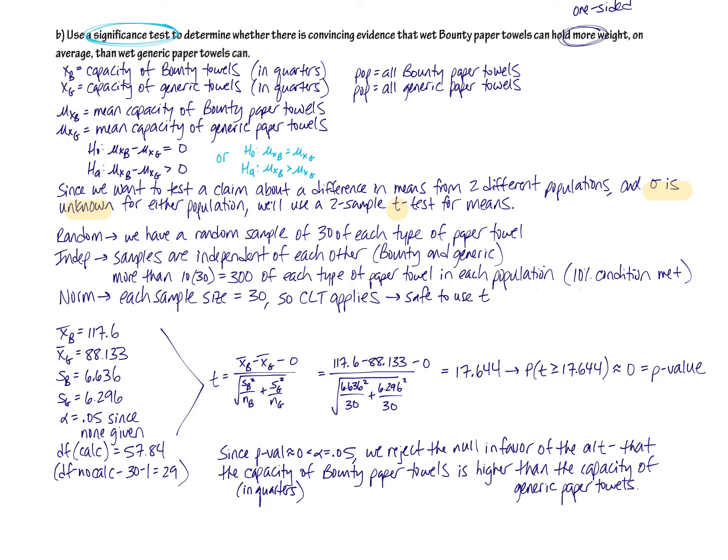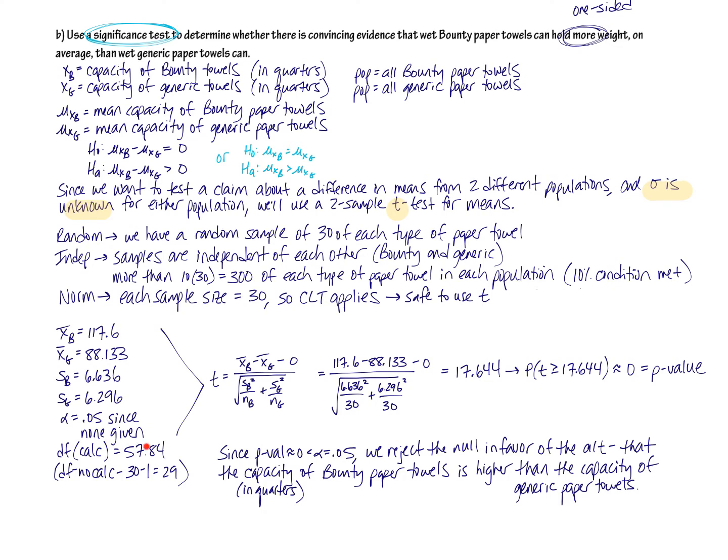Remember, a t distribution is a little bit different from a normal distribution, but the test statistic kind of works like a z-score, but it's a t. And so think about going 17.6 standard deviations to the right of the mean. You shouldn't even need to type this in your calculator, but if you do, you're doing tcdf in the calculator. 17.644 to the right forever would be positive infinity.